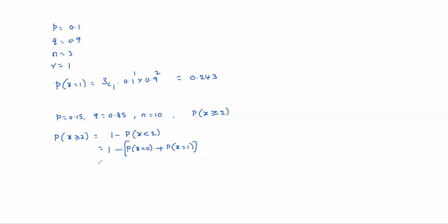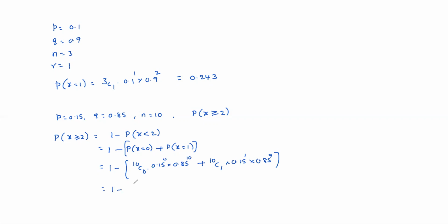So that equals 1 minus, here N is 10, 10C0 into 0.15 to the power of 0 into 0.85 to the power of 10 plus 10C1 into 0.15 to the power of 1 into 0.85 to the power of 9.